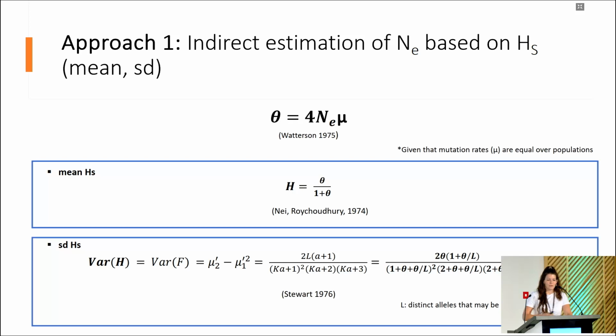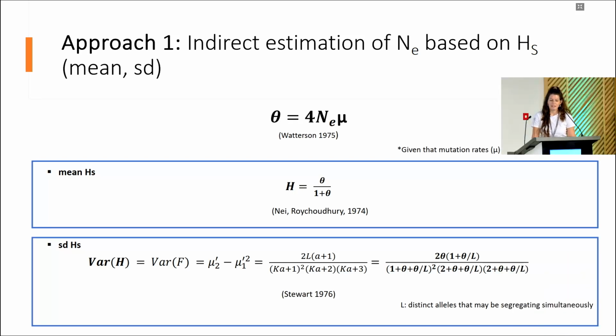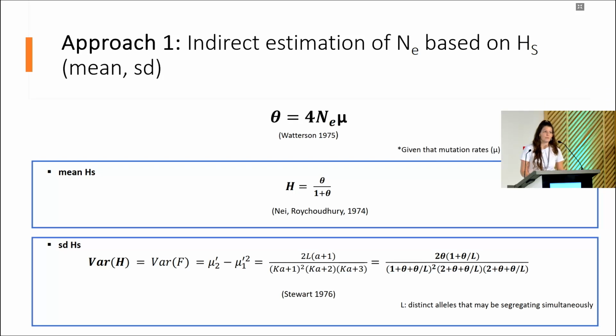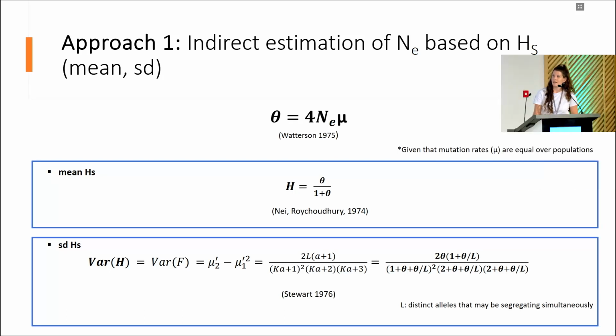So maybe moving back to the past, because all these equations, as you can see, are from the 1970s. So in the first equation, you can see that we have a clear relationship between the effective population size and the theta diversity, of course, given that the mutation rate remains stable over populations.